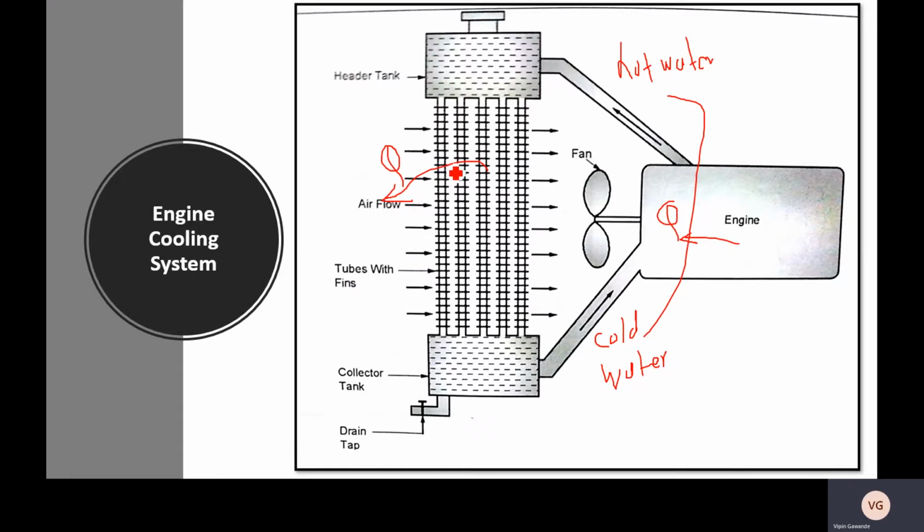Because of the rejection of heat to the air, the hot water is converted into cold water, and that cold water then again enters the engine. So this is the cooling system which is used in the engine. That's why this is our engine cooling system.